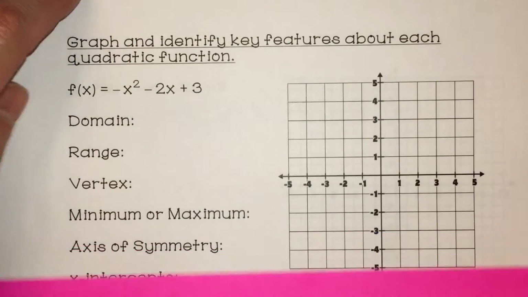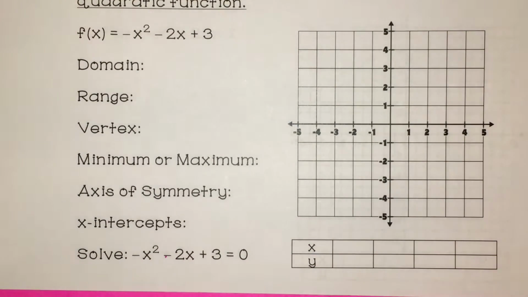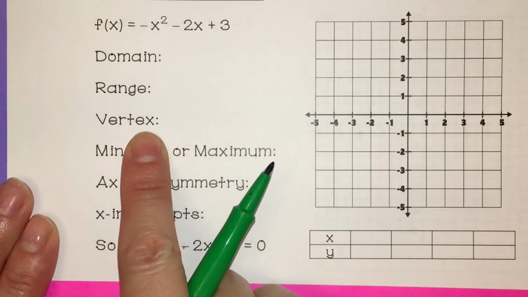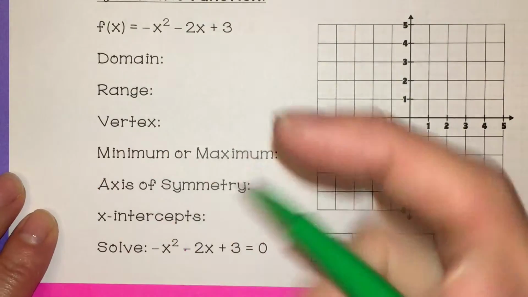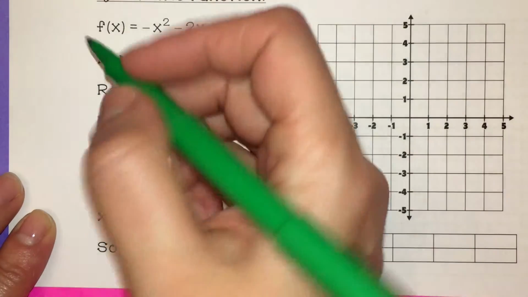Okay, so our first one, we have f of x, which is the same thing as y, is equal to negative x squared minus 2x plus 3. So we're going to start by finding the vertex. So the vertex, we're going to find the x coordinate.